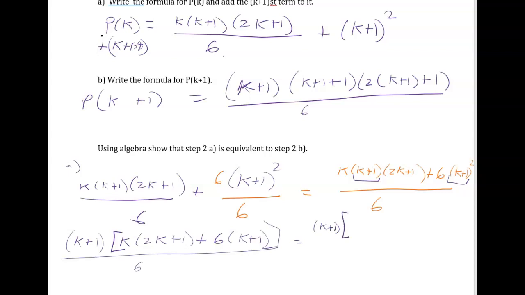That'll be 2k squared plus k plus 6k. So it'll be 2k squared plus 8k. And if you're confused by that, stop and do it out yourself. 2k times k plus k. Oh, sorry, that won't be 8k. That'll be 2k squared plus a k plus a 6k. That'll be a 7k. Sorry, I almost messed it up on you. Plus a 7k plus 6.